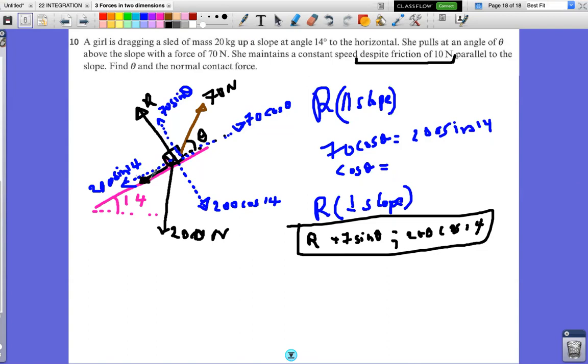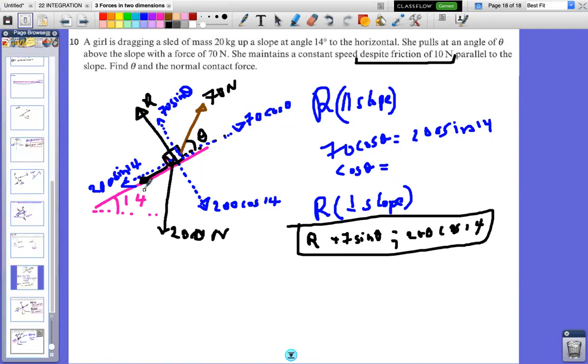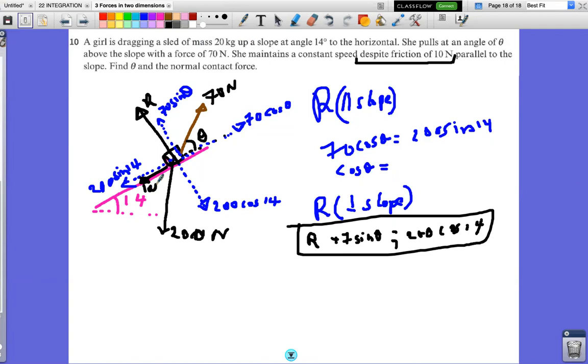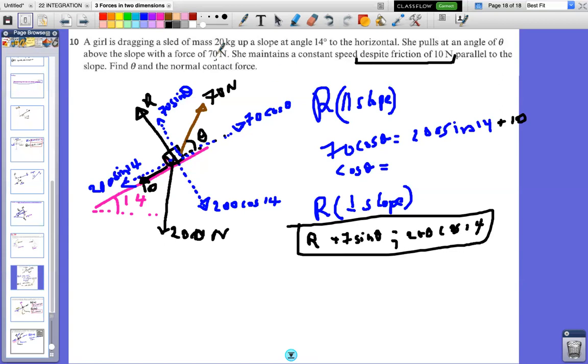Thank you. There's a frictional force of 10 newtons acting down the slope. So this one should have 70 cos theta equal to that plus 10. All right. Thank you very much for the correction. Sometimes it's very easy to miss out these things.